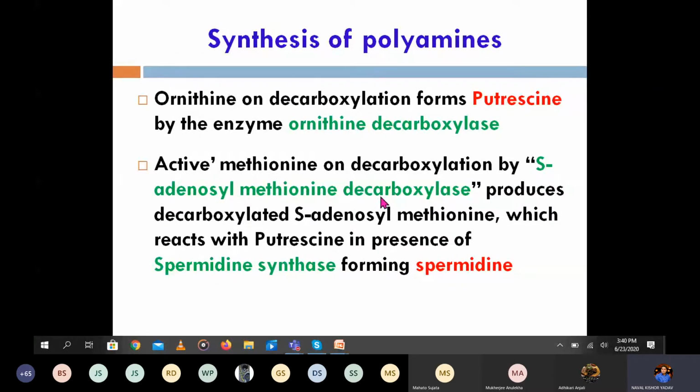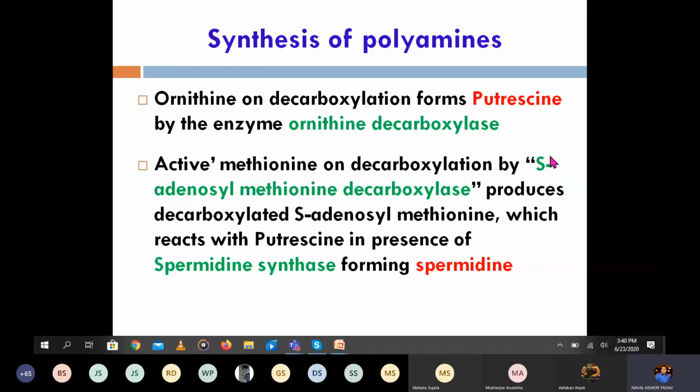The function of this decarboxylase is to remove carbon dioxide. A molecule of carbon dioxide is removed from the active methionine, forming decarboxylated S-adenosyl methionine, which combines with putrescine, with the help of spermidine synthase, to form spermidine.